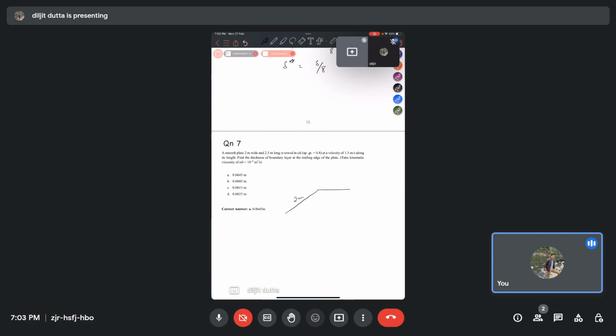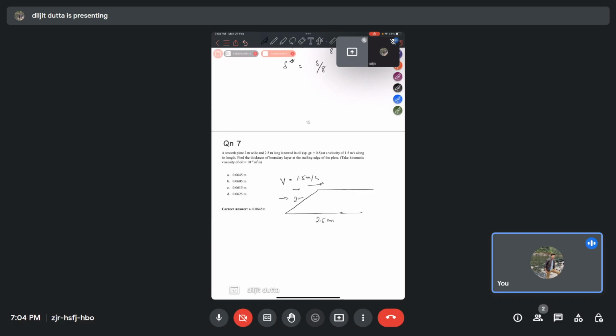The 2 meter width is not in our consideration for boundary layer theory, but just for schematic purposes, I will show how the flow is taking place. So oil is coming at a velocity of 1.5 meter per second, so the free stream velocity is 1.5 meter per second along the length.